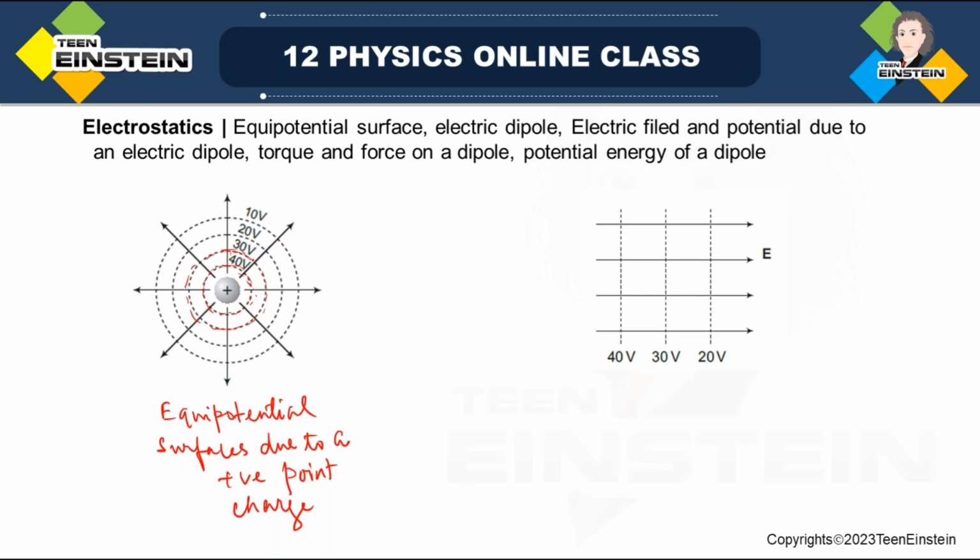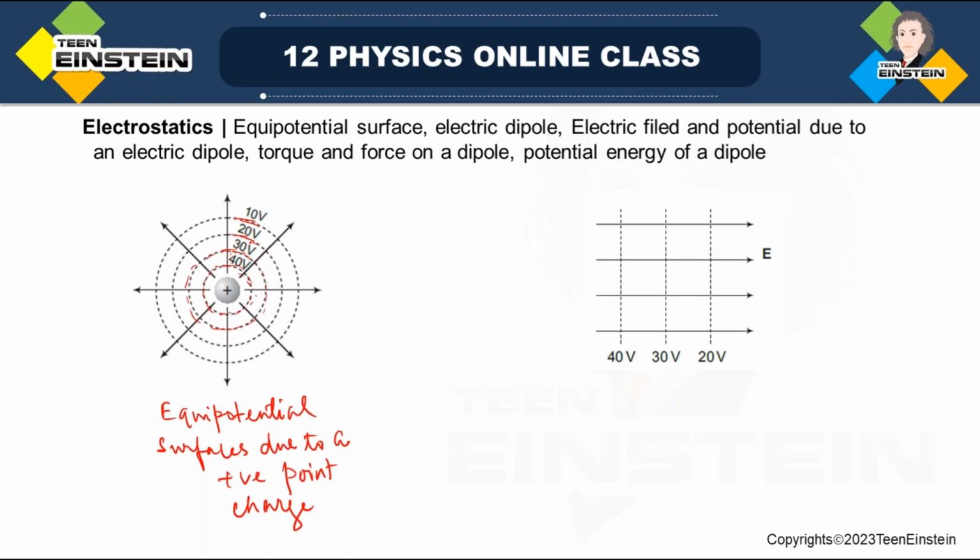This has got another constant potential, that is 30 volt. At each point on this surface will be 30 volt. Similarly, for this one, this will have 20 volt. This one will have 10 volt. So as you go away, in this case, the potential is decreasing.